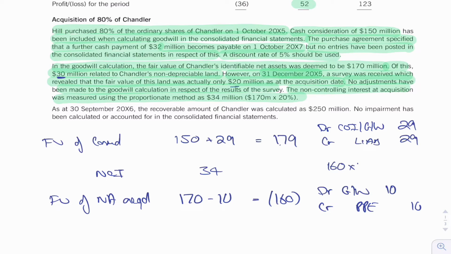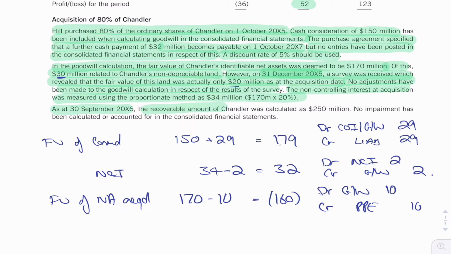Now I want to do 160 by 20%, so I want NCI to be 32. So I've got to reduce it by 2. To reduce it from 34 down to 32, I have to debit NCI 2, and credit goodwill by 2. So there are my adjustments, and now I can finally deal with this.